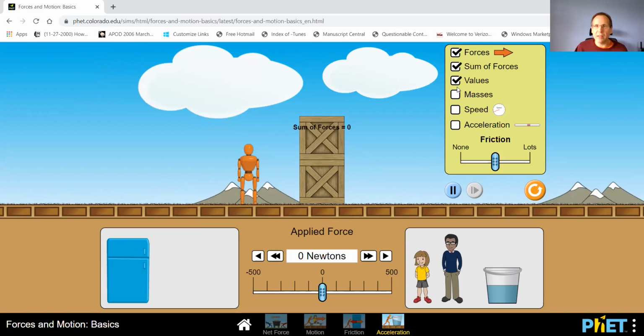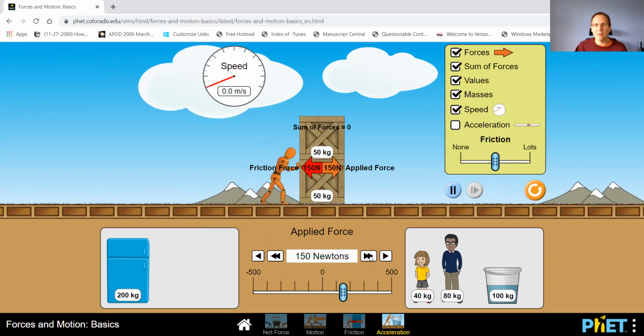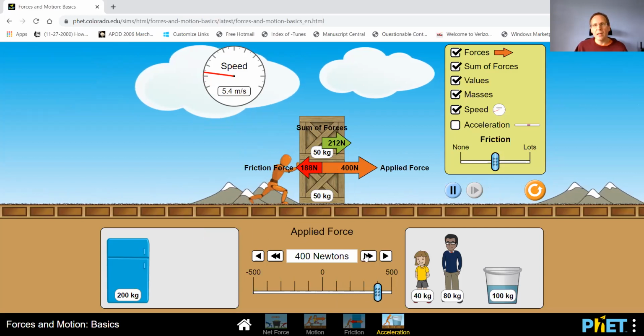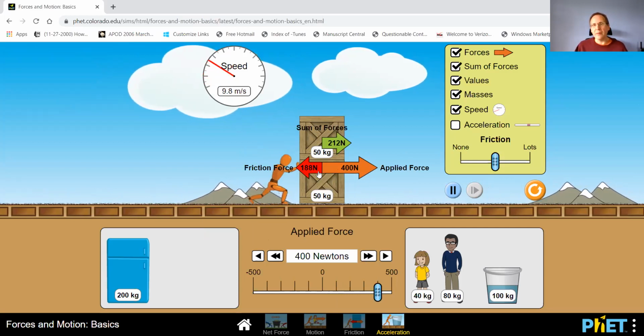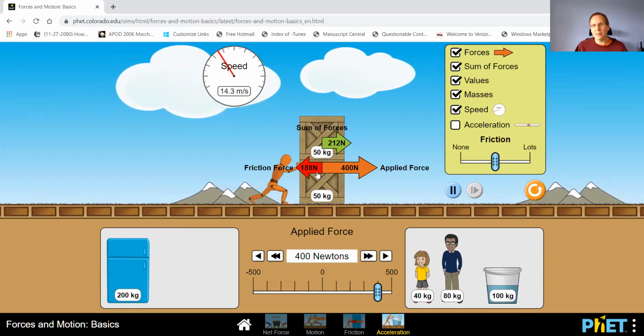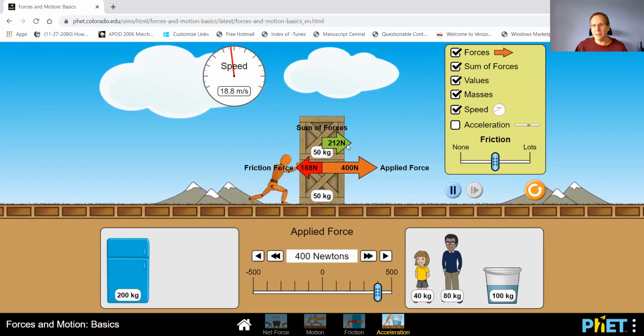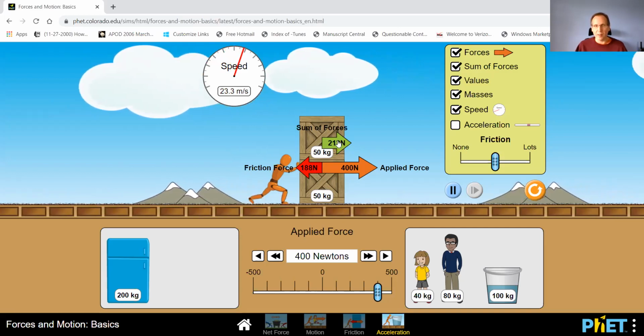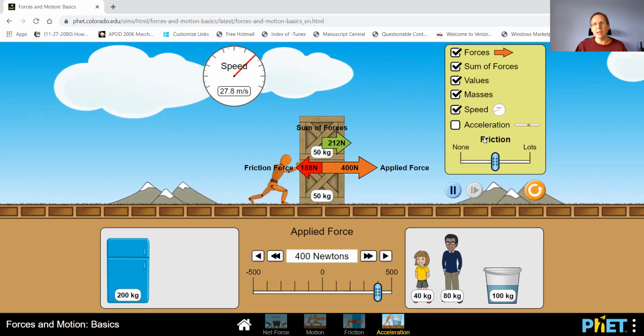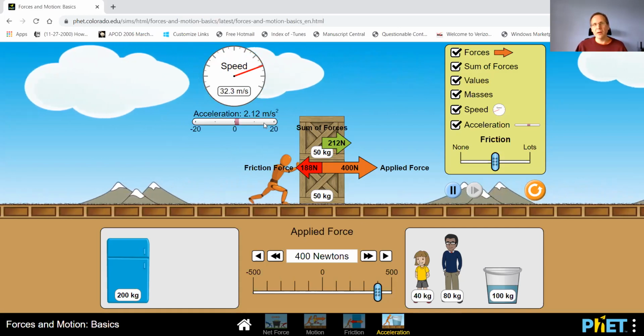Again, click all these first, except acceleration, apply the force of 300 newtons. Again, I'll do 400 just as an example. And now you know the net force: this is the applied force, this is the frictional force, so this is the net force. The net force has to equal ma, so you can calculate acceleration. Then later you can check it to see how close you were.